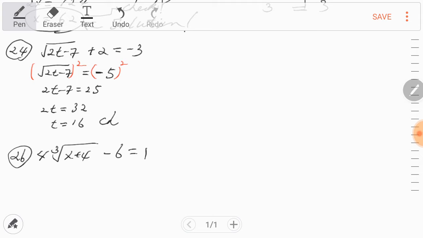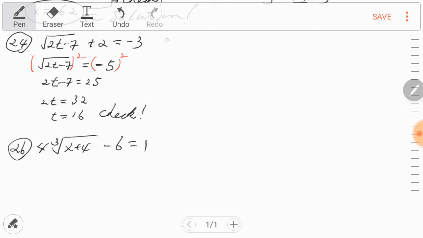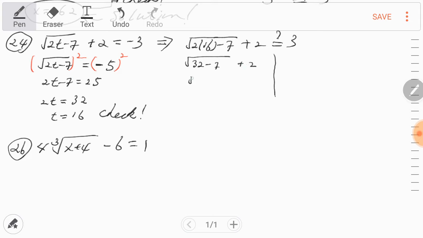So let's check if 16 is okay. From this one, square root of 2 times 16 minus 7, plus 2. Is it equal to 3? We don't know, right? Well, let's check. So that is square root of 32 minus 7, plus 2. So square root of 25 plus 2.